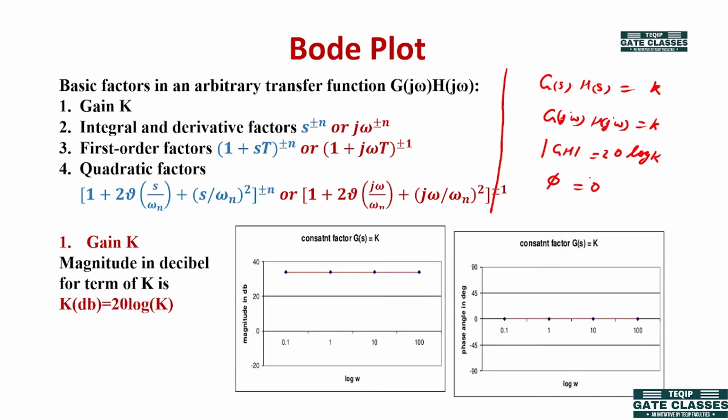So for constant gain K, we get a constant line of value 20 log K, and a constant angle for all frequencies, that is 0 degrees for all frequencies. So this is the way we can draw the magnitude and phase angle for a constant K.